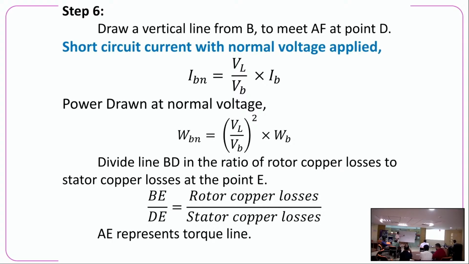So BT is the total I square R loss in short circuit condition. So it is divided at point E, where BE by DE equals I square R loss in the rotor divided by I square R loss in the stator. Then we join AE, and AE is the top line.